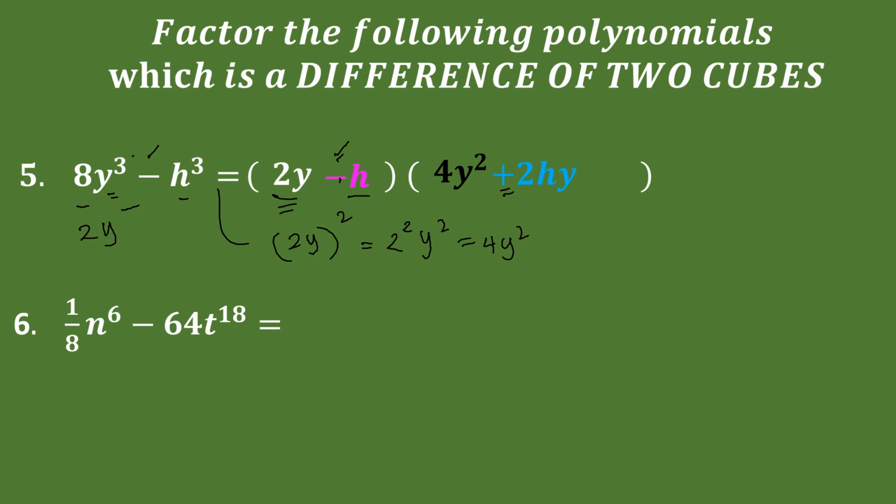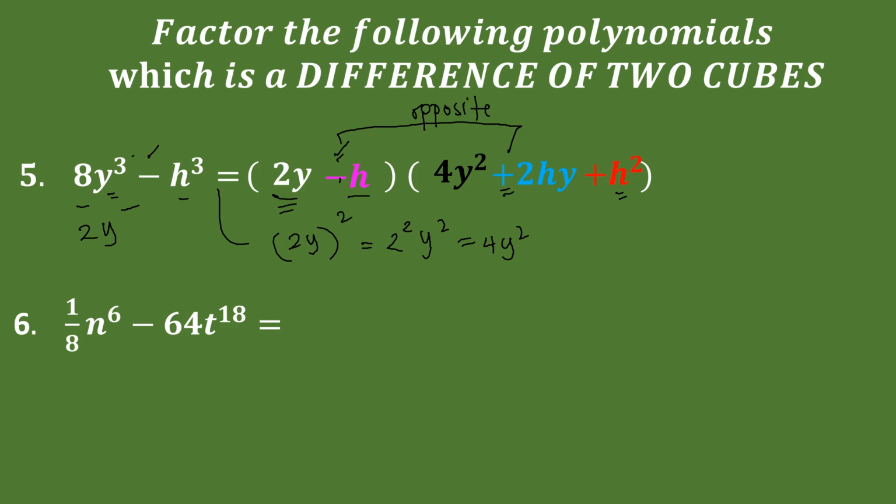So remember, they are always opposite. Okay, and then the third term, what is the square of h? It will be h squared. Remember that even if it is a sum or difference of two cubes, our last term in the trinomial set is always positive.